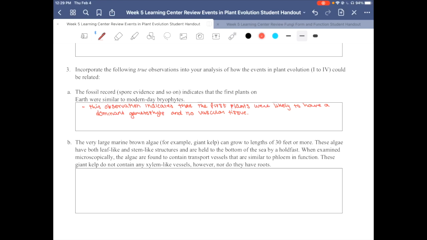So it has to rely on the top part. So here I'm going to write coevolution, and photosynthetic part near the top.